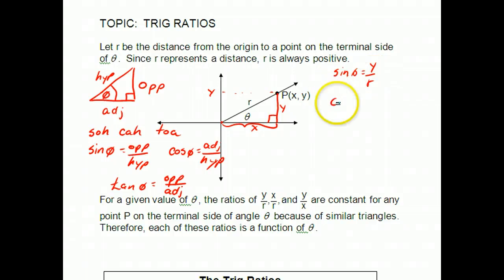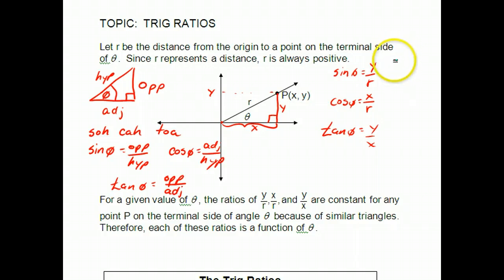And my cos theta is equal to my adjacent over my hypotenuse, or my x over my r, over my radius, right? And tan is opposite over adjacent, so my y over my x.